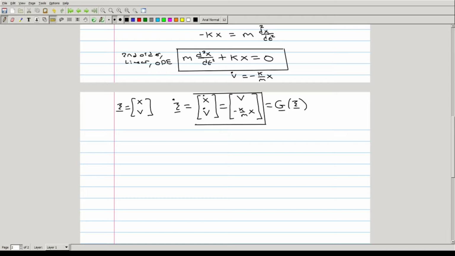So this system of differential equations, which I'm just going to box right here, is an autonomous first order linear system of ODEs.